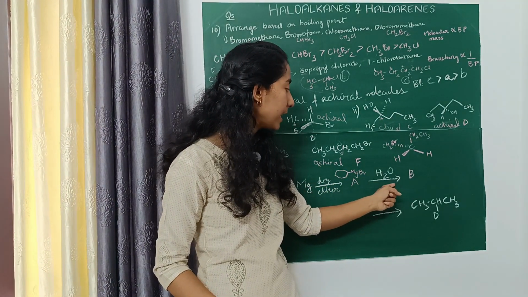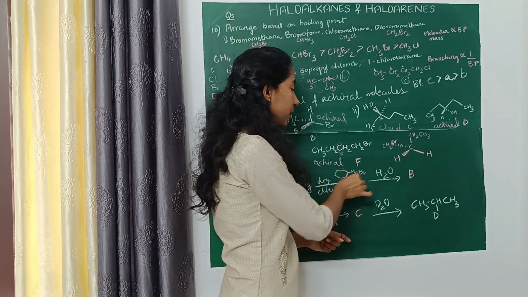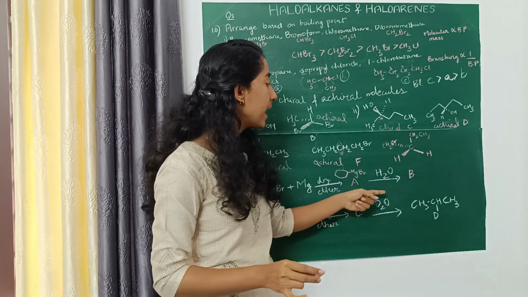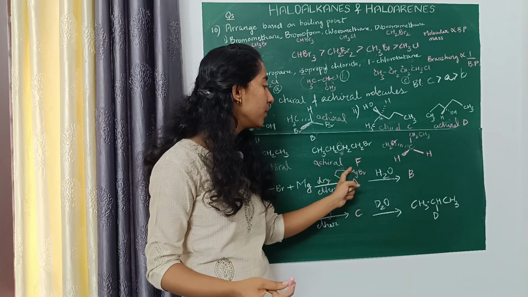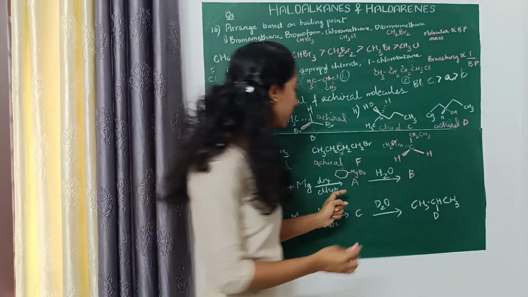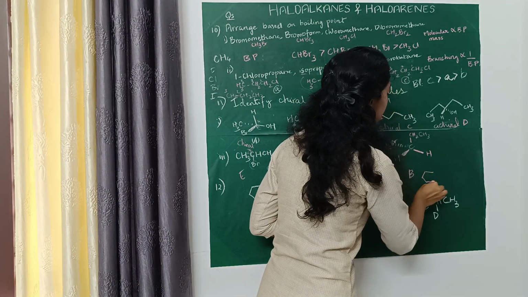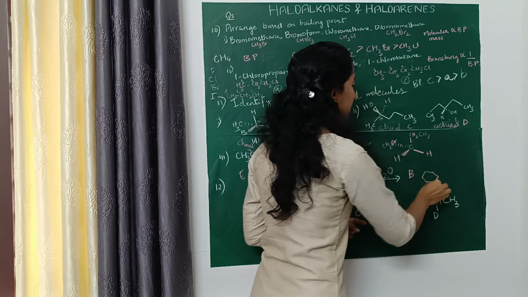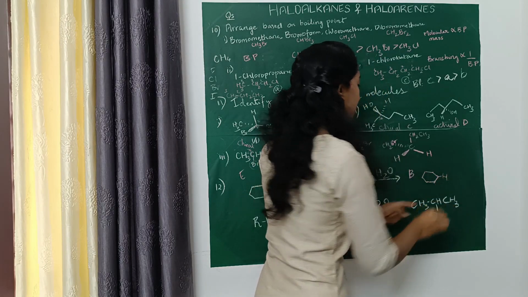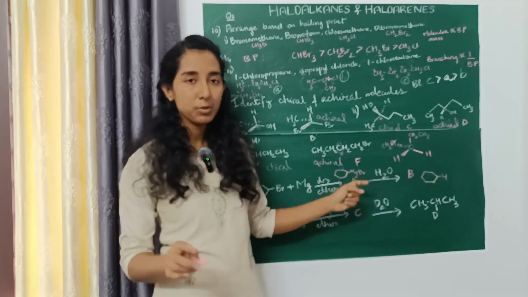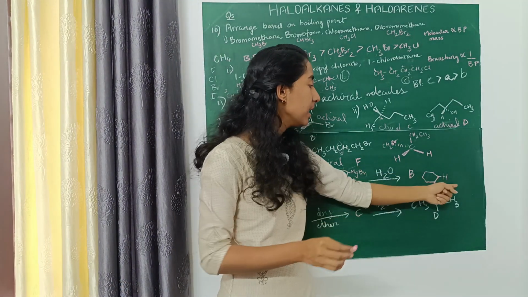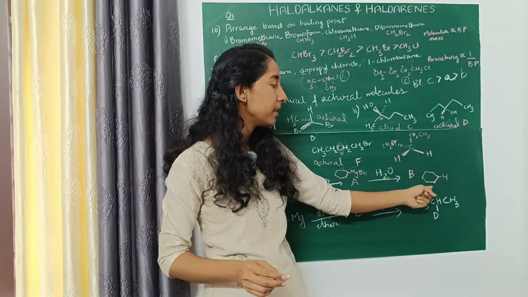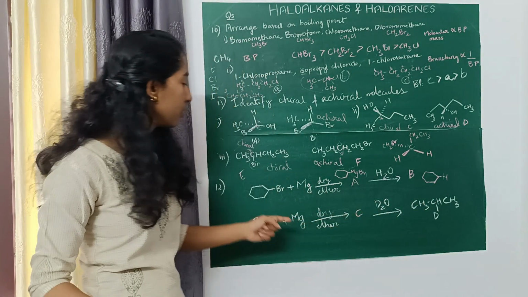This is what you call a Grignard reagent, and when you treat it with water, this MgBr will be replaced with hydrogen. You don't have to write the hydrogen, but to make you understand, I wrote this hydrogen. So the product that you get here is cyclohexane.